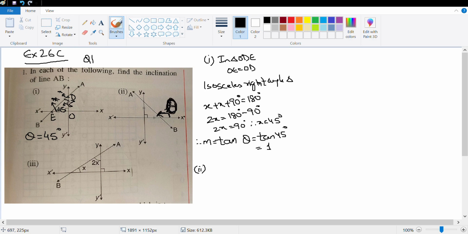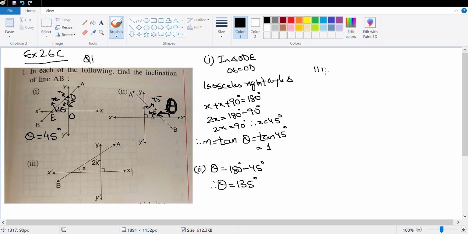Obviously, my mistake, the angle is always theta. Inclination is theta. So again, this is an isosceles right angle triangle, which means this angle is 45 degrees. This angle is also 45 degrees. So theta will be equal to 180 degrees minus 45 degrees, this is a linear pair. Therefore, theta, which is the inclination here, is 135 degrees.